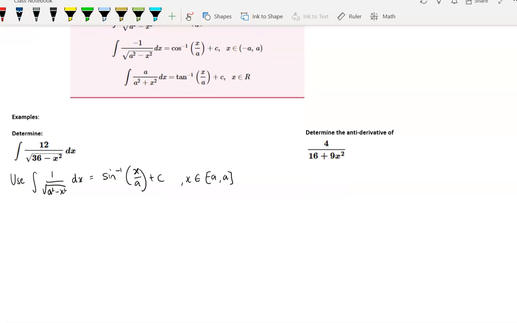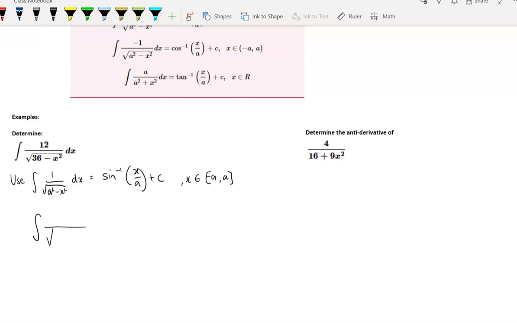Okay, so there are a couple of things that are different. Let's deal with the denominator first. We've actually got 36, so the first thing we're going to do is put it in a squared. We're going to rewrite the function. I'll ignore the 12 just for a minute, and come back to that. Let's just worry about the denominator.